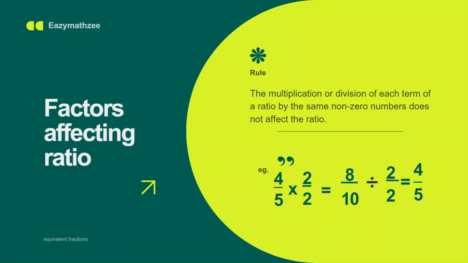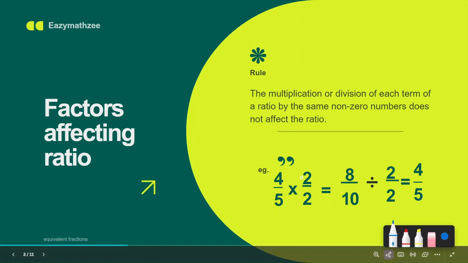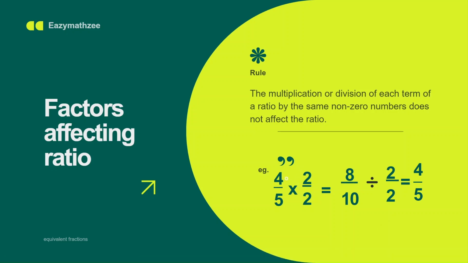What are the factors affecting ratio? The multiplication or division of each term. When there is a fraction and we multiply the numerator and denominator with the same number, the fraction becomes an equivalent fraction. Again, if you divide by the same number, you will get the same one.